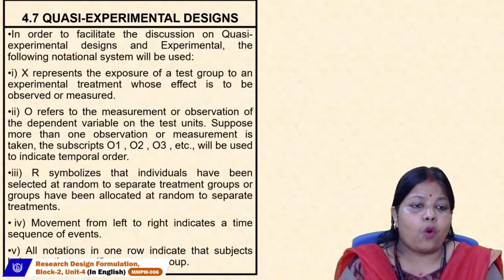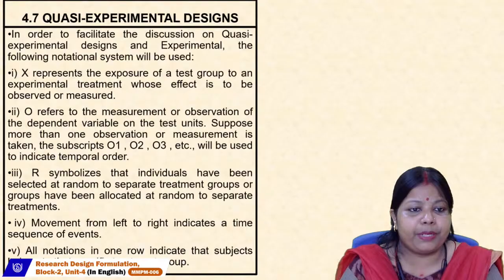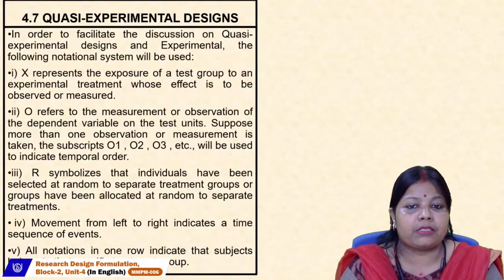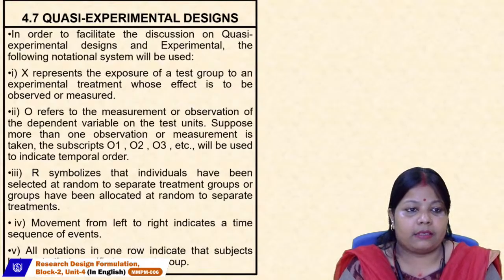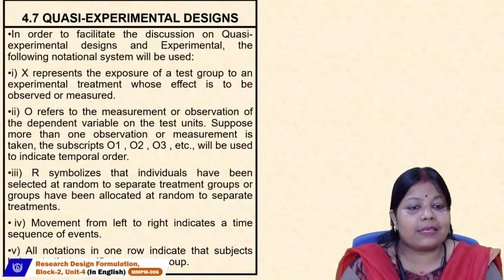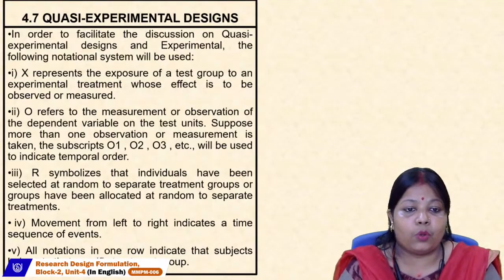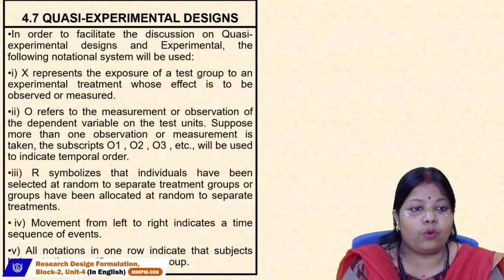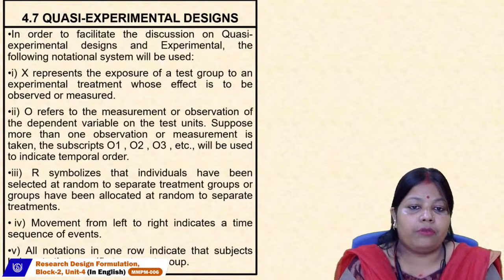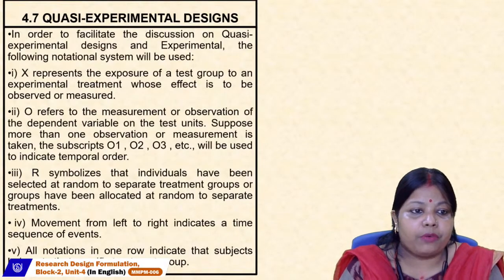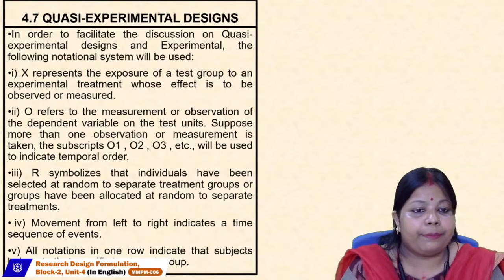Then O. O refers to the measurement or observation of the dependent variable on the test unit. Suppose more than one observation or measurement is taken, for example, the description will be O1, O2 and O3. So O stands for the measurements, or we can say the observation, and will be used indicating the temporal order.